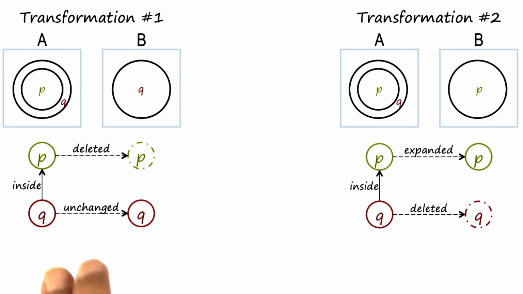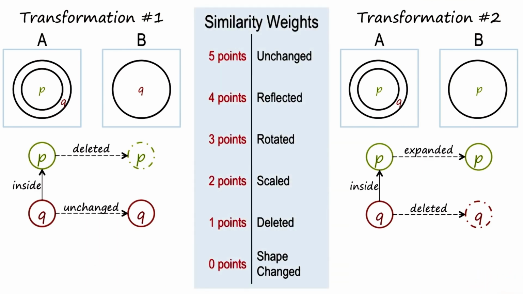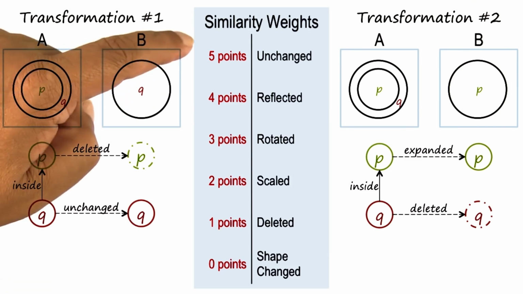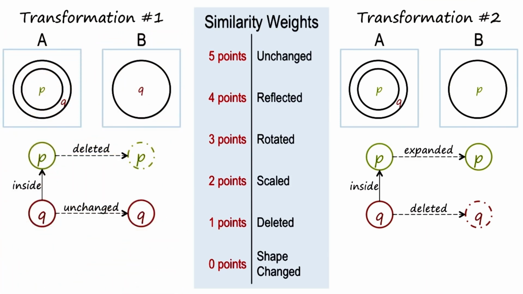If both of these views are valid, then how would anyone decide? How would an AI agent decide which view to select? Let us suppose that the AI agent had a metric by which it could decide upon the ease of transformation from A to B. Let us suppose that that metric assigned different weights to different kinds of transformations.